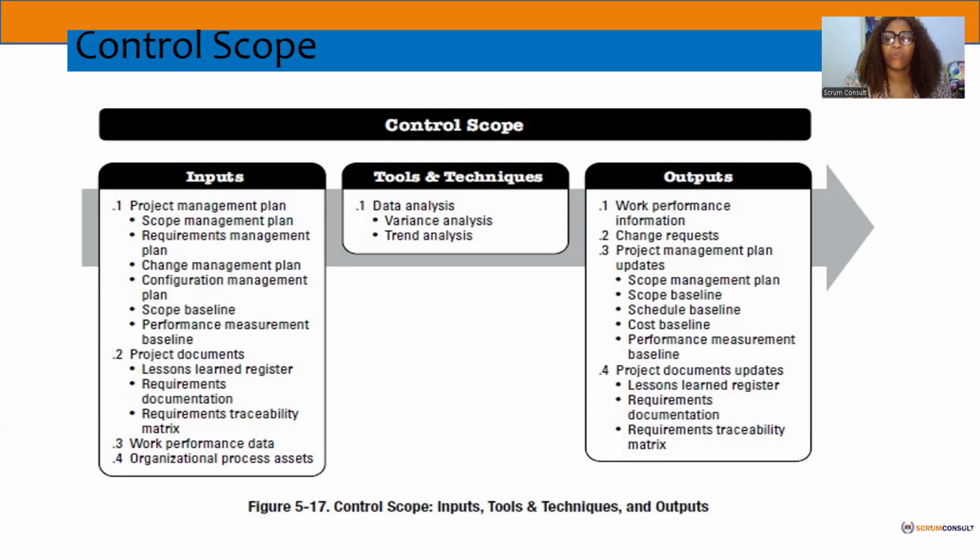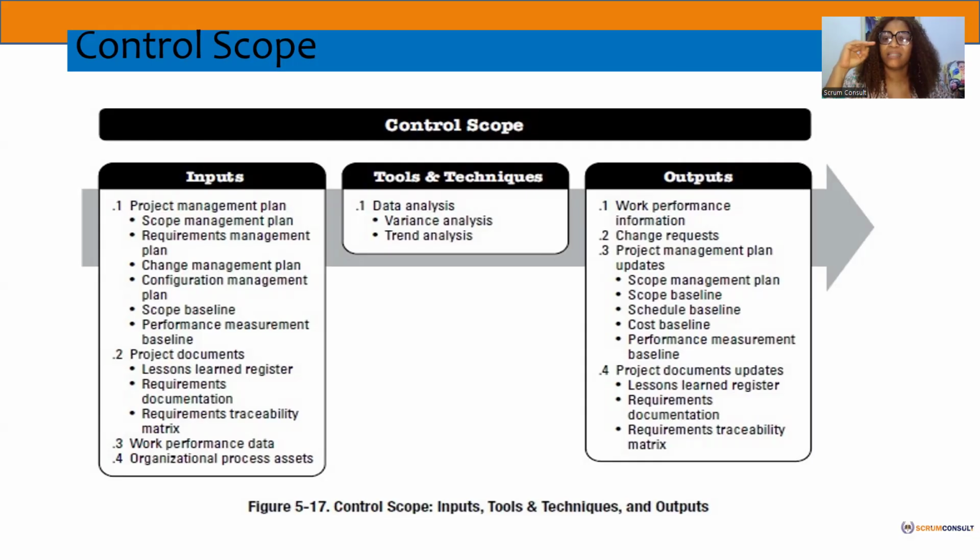And now you have your work performance output. Sorry, your scope control output is your work performance data. Information transformed, you have your data. At the execution stage, what you have is work performance data. When you see me repeat things like this, it means that you're going to see it in your exams.